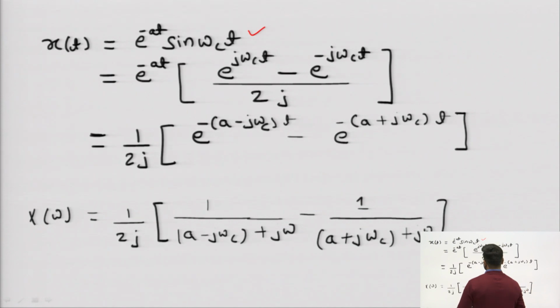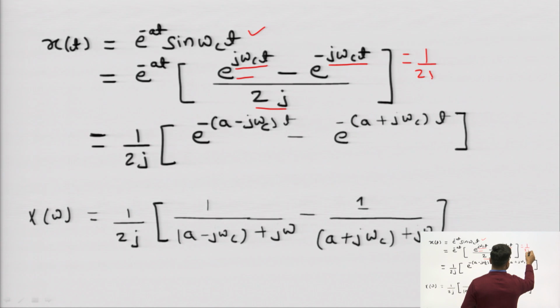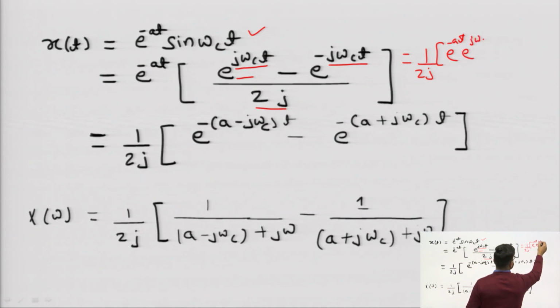So, sin omega c t can be broken into (e to the power j omega c t minus e to the power minus j omega c t) divided by 2j, or we can write it as 1 upon 2j times e to the power minus a t into e to the power j omega c t minus e to the power minus a t into e to the power minus j omega c t.